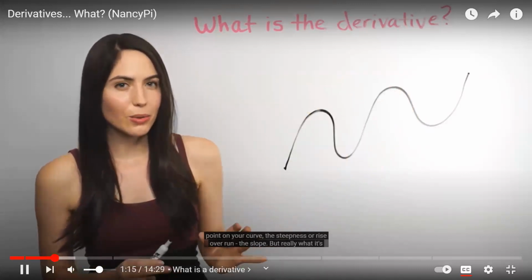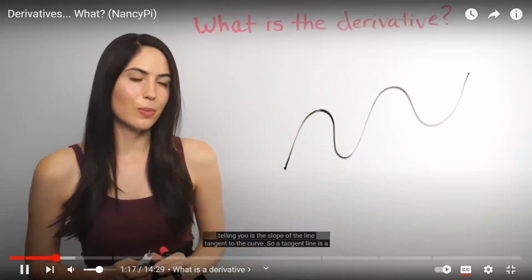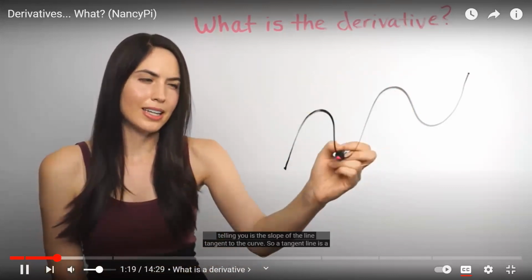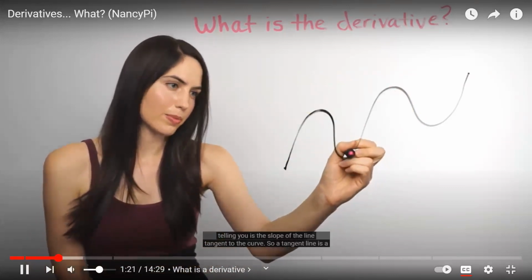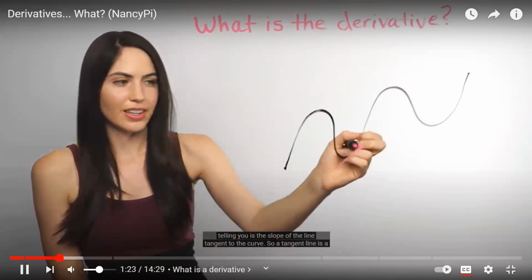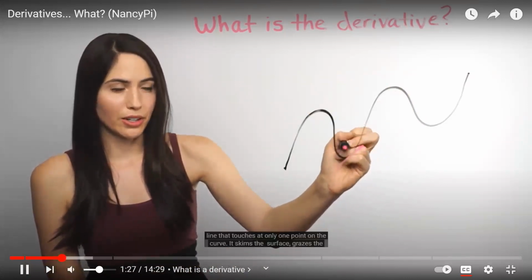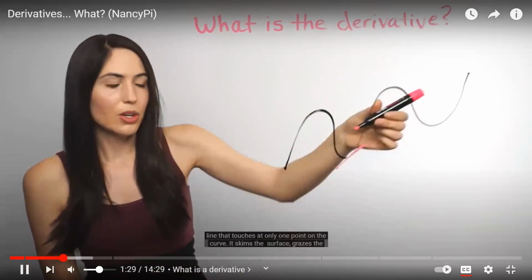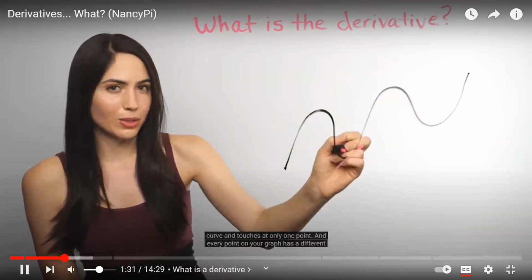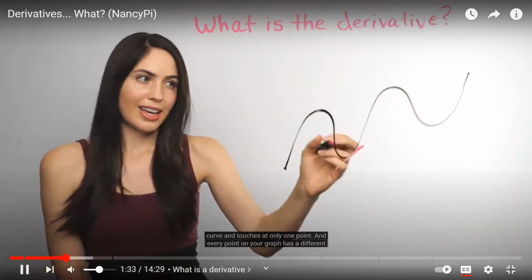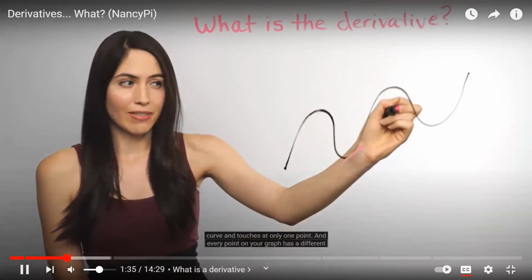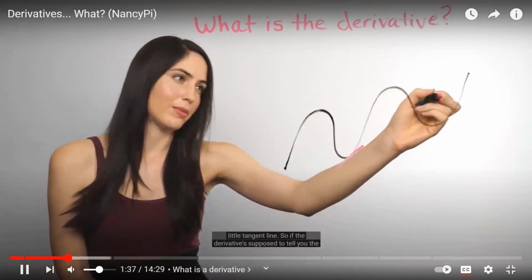But really, what it's telling you is the slope of the line tangent. A tangent line is a line that touches at only one point of the curve. It skims the surface, grazes the curve, and touches at only one point. And every point on your graph has a different little tangent line.